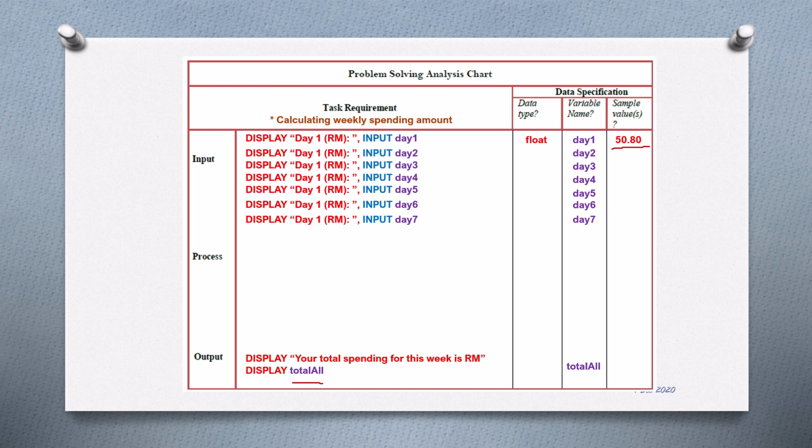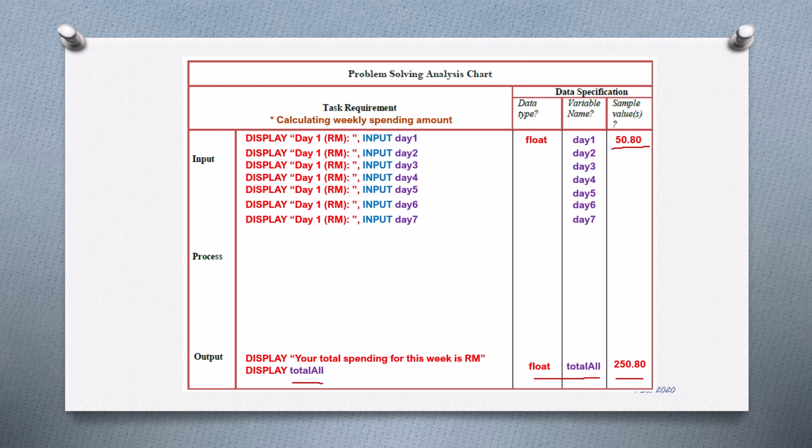Since you have to store the amount of money, money is appropriately used in terms of floating point value. So example, 250 ringgit 80 cent, 250.80. So this is of type float. So you have the declaration already, float total all.